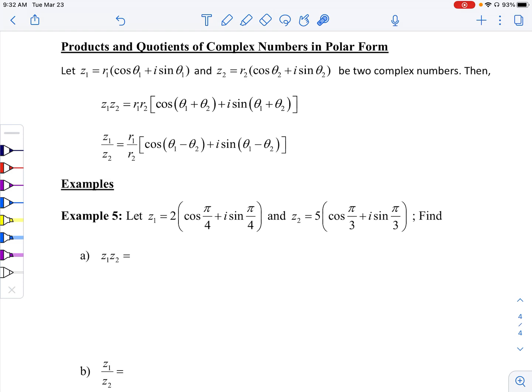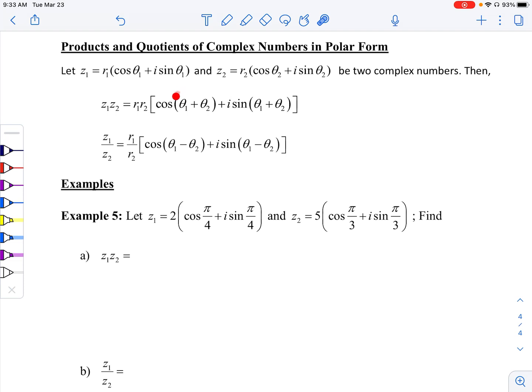So we have these two formulas here then. Firstly, if we want to multiply two complex numbers together, we start by multiplying our R values, so R1 times R2. Then we still have the same polar form as before, but what we do to combine our angles is we add them together.